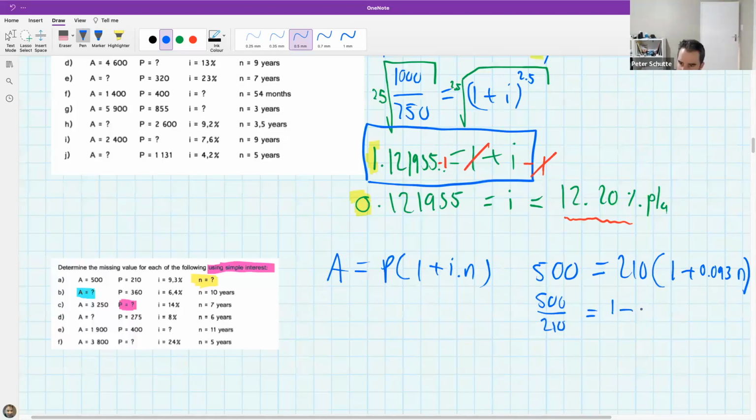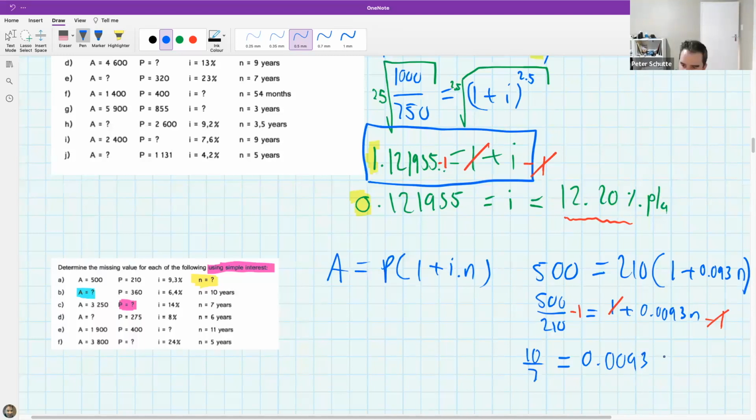So I'm going to get 1 plus. And I guess I have to do the same trick again where I take away a 1 from both sides. So what do I get? 500 divided by 210 minus 1. That seems to give me 10 over 7 equals 0.093n.